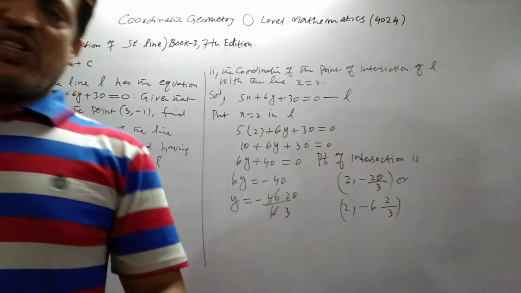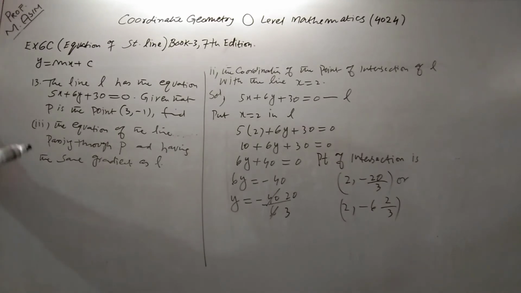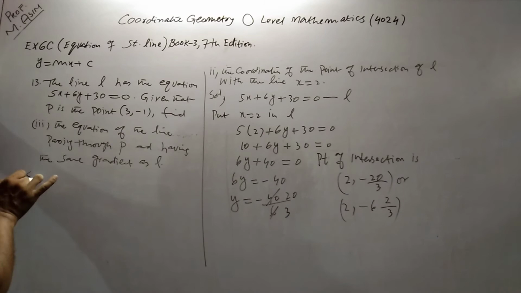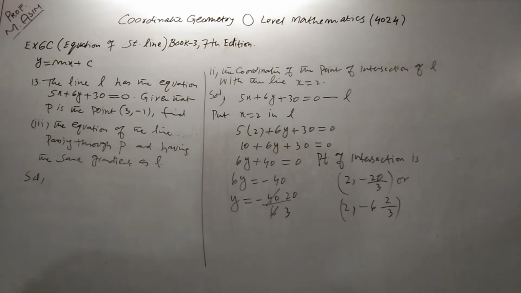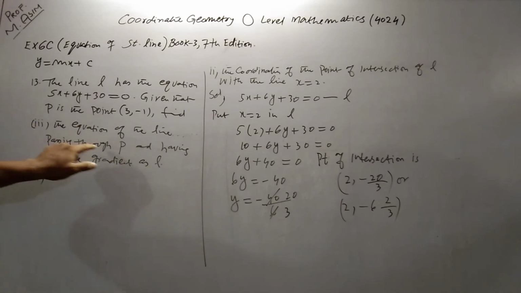We have to find the equation of the line. You know, whenever we find the equation of the line, we should have the gradient and the y-intercept. So according to the question, find the equation of the line which passes through P and has the same gradient as L.